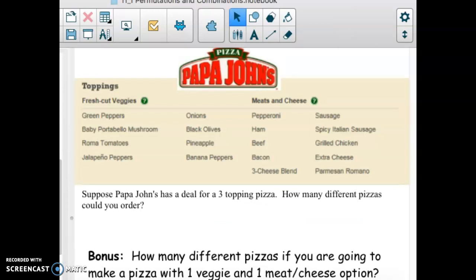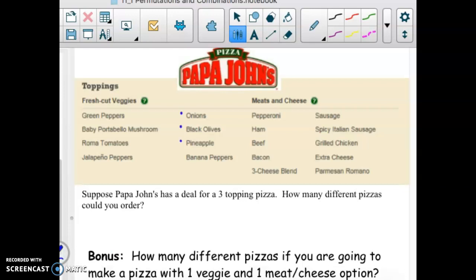If we have a deal for a 3-topping pizza, how many different pizzas could you order? All right. If you count each one separately, and you can't have repeats, right? You don't want onions 3 times, so you want 3 different toppings. All right. The order doesn't matter.